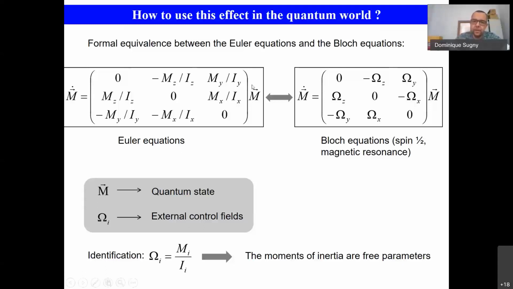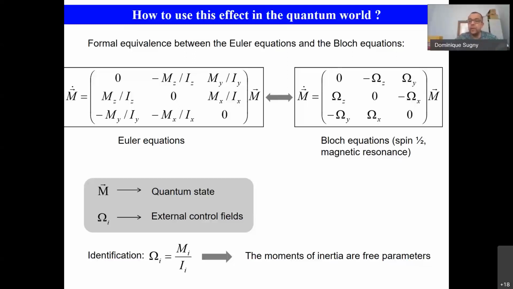Here the vector M corresponds to the coordinates of the angular momentum, and here M is the state of the system, so it corresponds either to the magnetization vector in magnetic resonance or to the coordinates of a density matrix if we have a two-level quantum system.